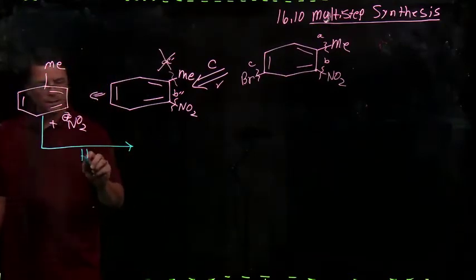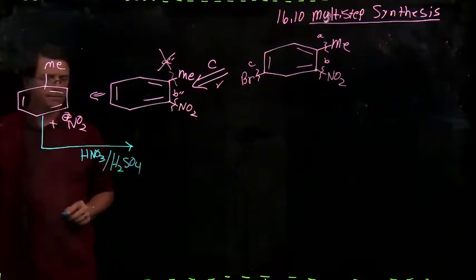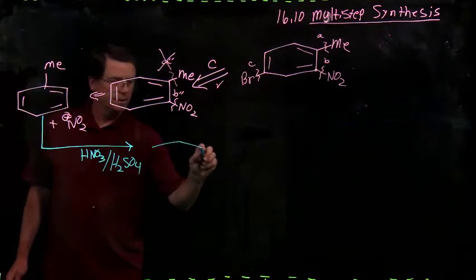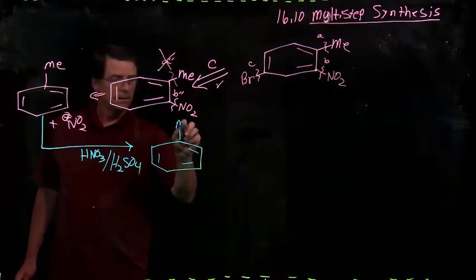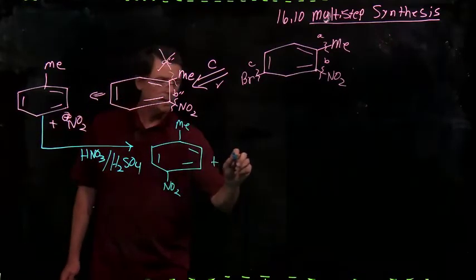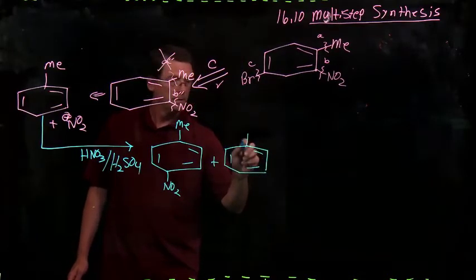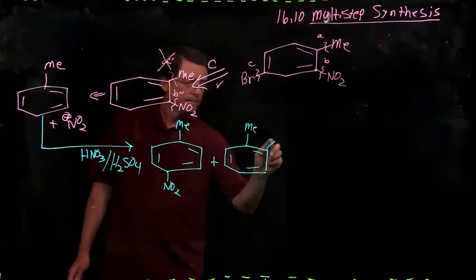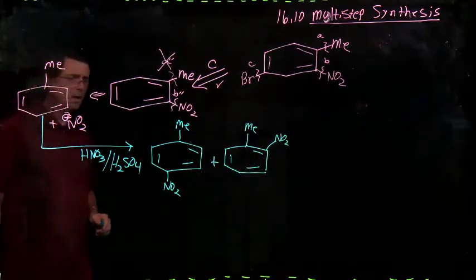If you remember, the conditions were HNO3, nitric acid, and H2SO4. This will produce, as major products, the para-nitro and our desired ortho-nitro compound.